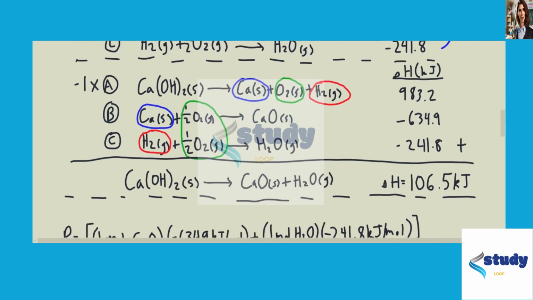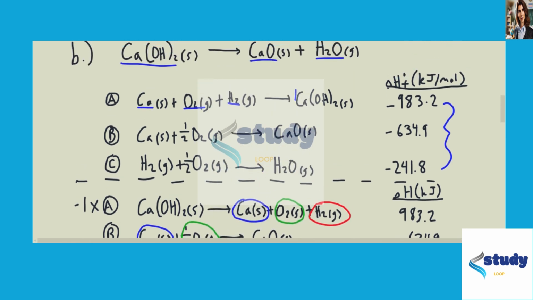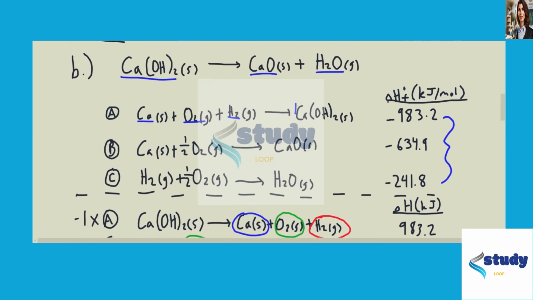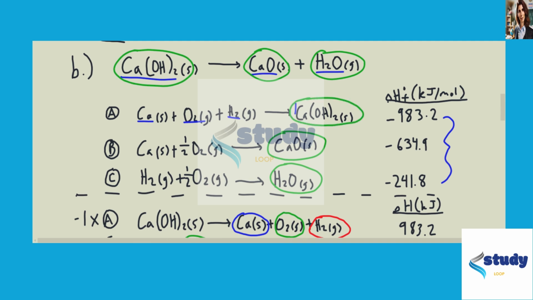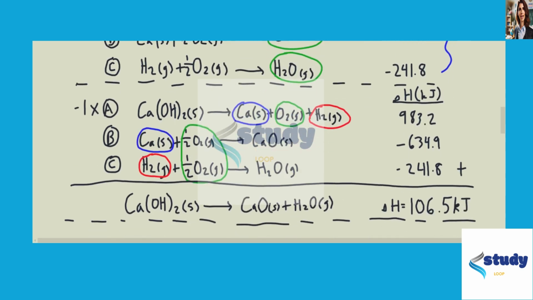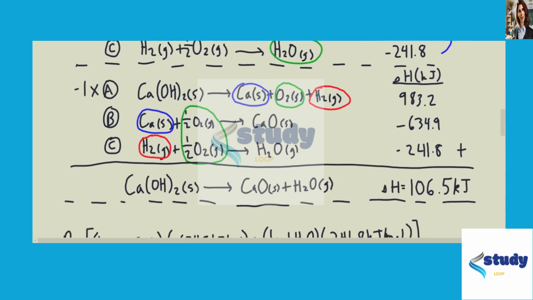And then we use Hess's law to combine those thermochemical reactions, because we see that we need 1 mole of CaO in the products, and that is present in reaction B. We need 1 mole of H2O in the products, which is present in reaction C, and we need 1 mole of Ca(OH)2 in the reactants, but we need to flip the first reaction in order to move that from the product side to the reactant side. So we manipulate those equations in this way.